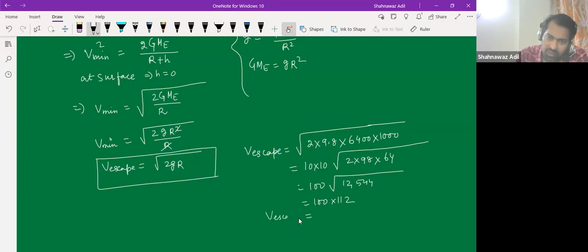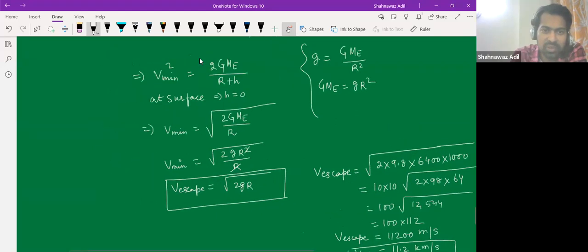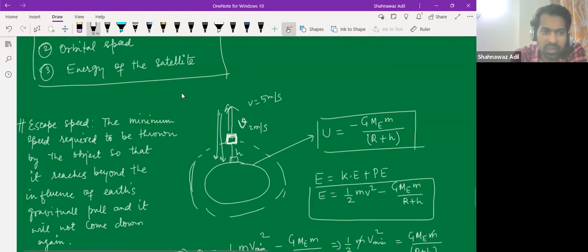So this is 11,200 meter per second, which is 11.2 kilometer per second. If you are on the surface and throw an object with this much velocity, then it will never come back. So you can try this at home, on the roof: just stand and throw the object with this much velocity.